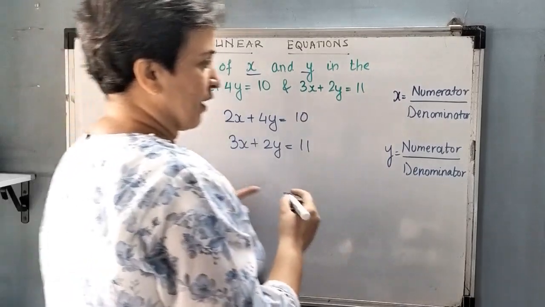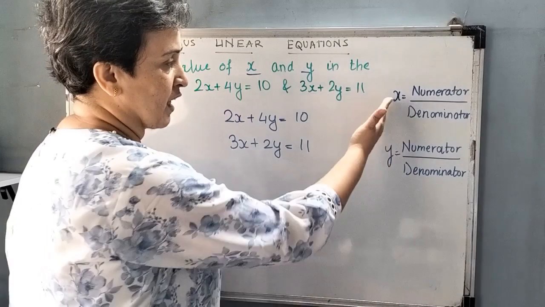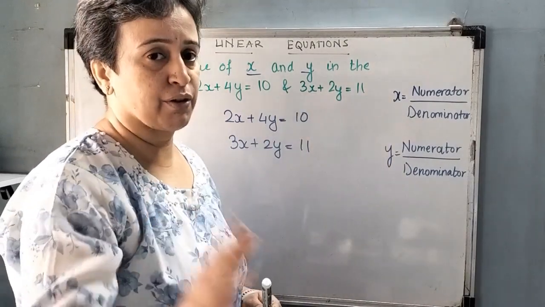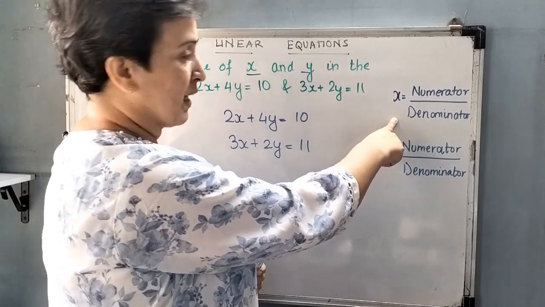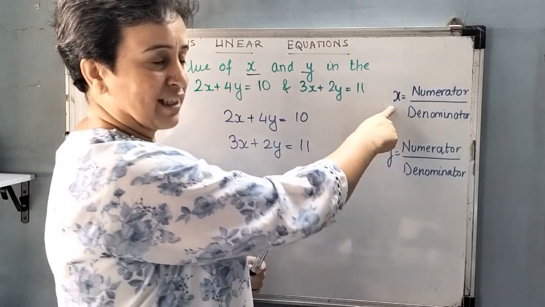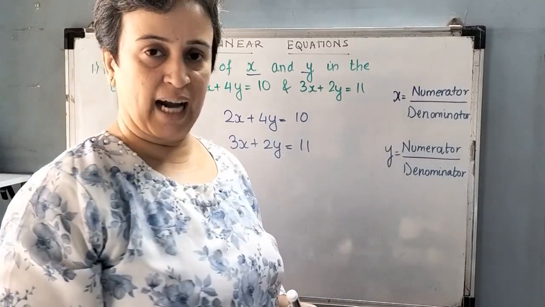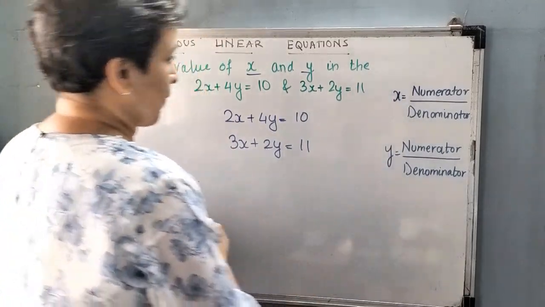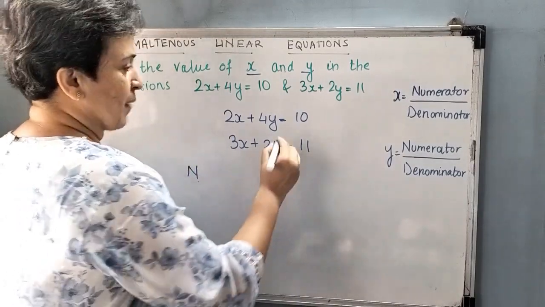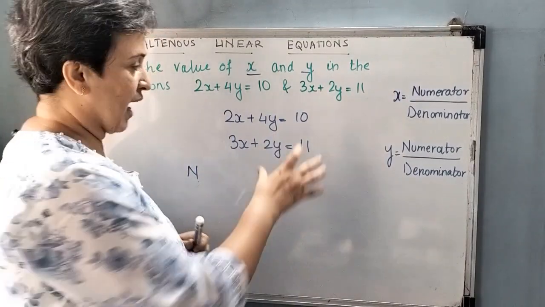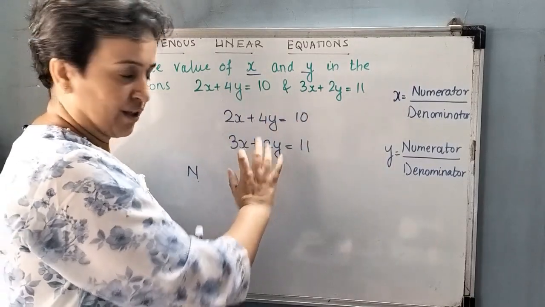You can find either of the variables first. The method is going to stay the same. I have chosen to find the variable x first. The formula remains the same. I will be finding the numerator and the denominator. I will represent the numerator as n. Now to find the numerator, I have to consider this entire set of linear equations.